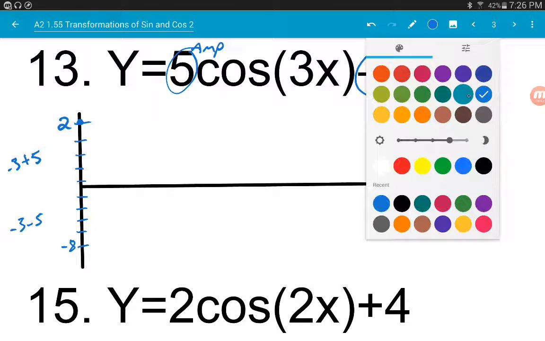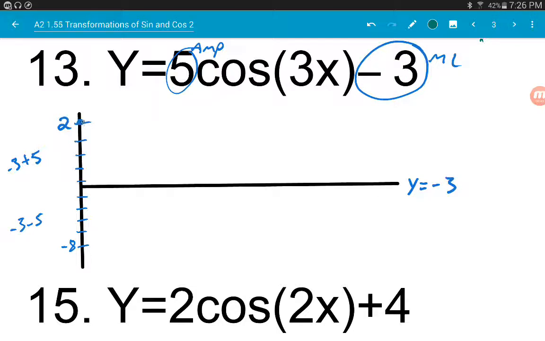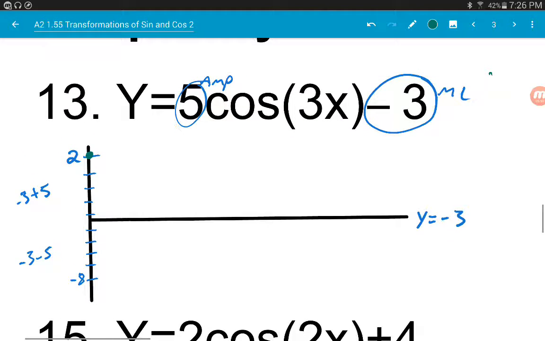Now a cosine function starts up high. In this case, I need to complete 3 cycles, because this is what we call the frequency. So here's one cycle of cosine.